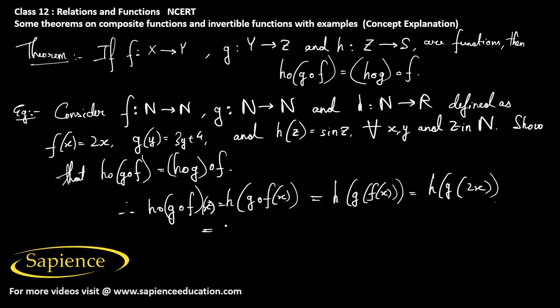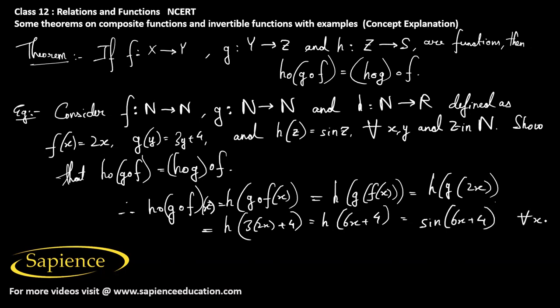Now g(y) is 3y plus 4, so this will be 3 into 2x plus 4. So that will be h of 6x plus 4. So h(z) is sine z, so this will be sine of 6x plus 4 for all x belongs to N.